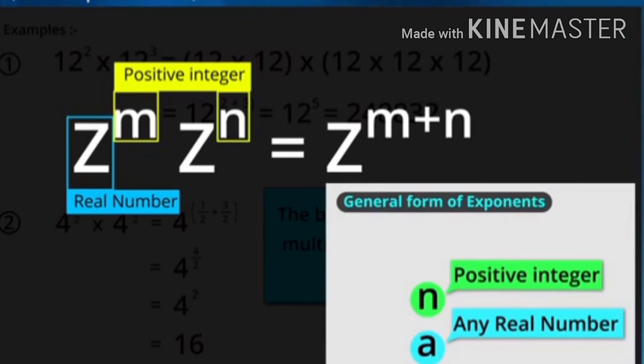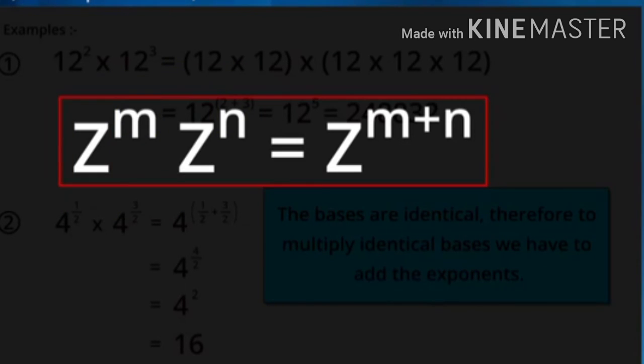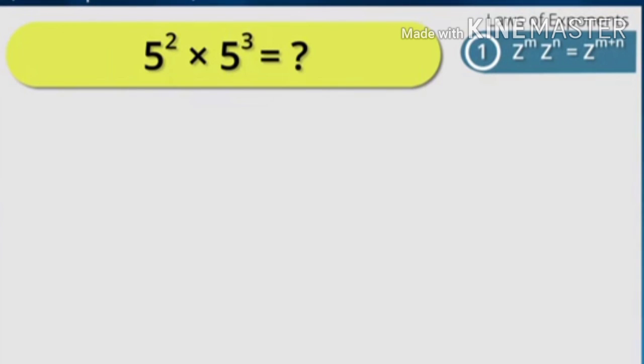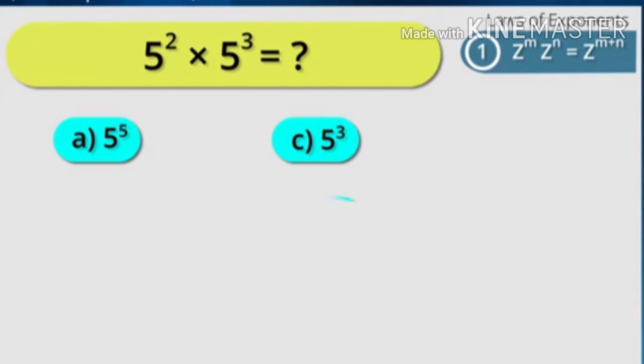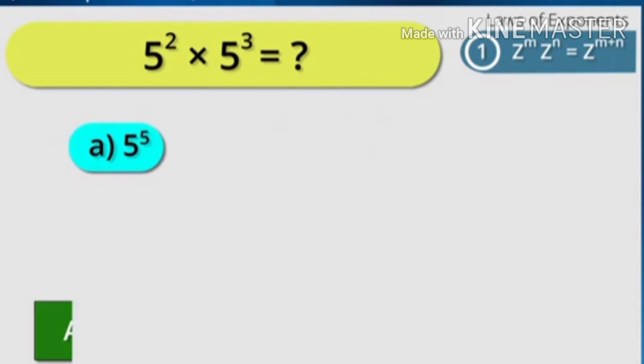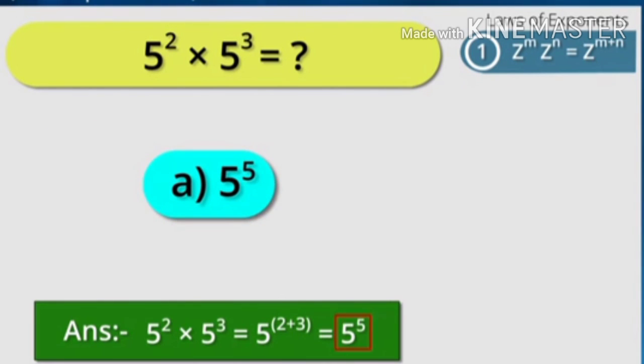In the previous session, we have learned that m and n can be a positive integer and z can be any real number. So, this is our first law of exponent. What will be 5 raised to the power 2 multiplied by 5 raised to the power 3? It will be 5 raised to the power 5.